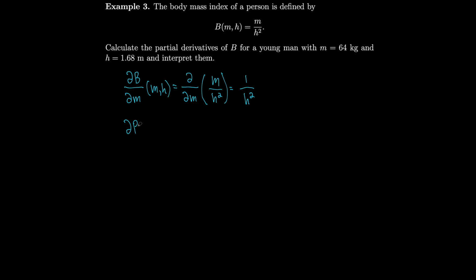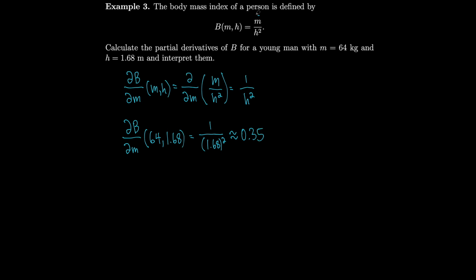If I want the partial derivative with respect to m at (64, 1.68), I just plug in the 1.68, and I get 1 over 1.68 squared, which is about 0.35.